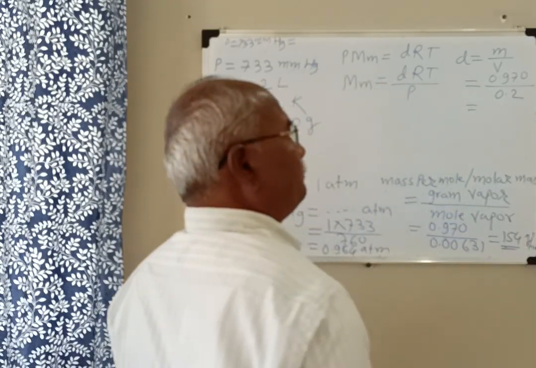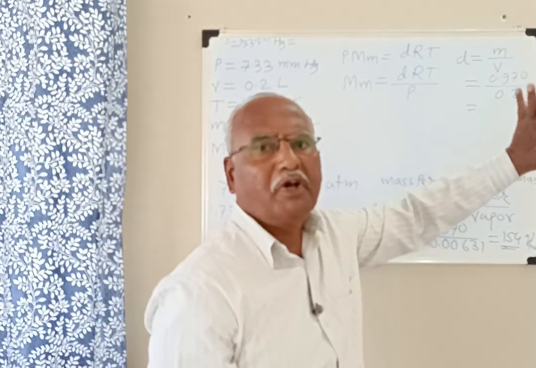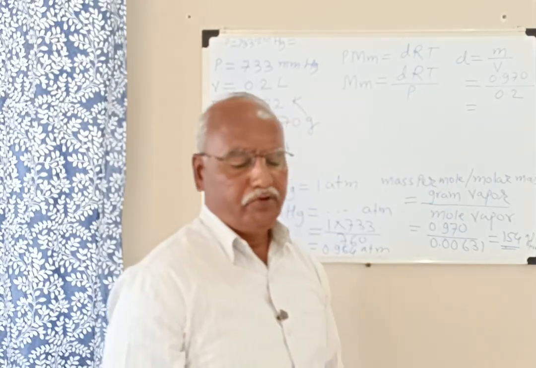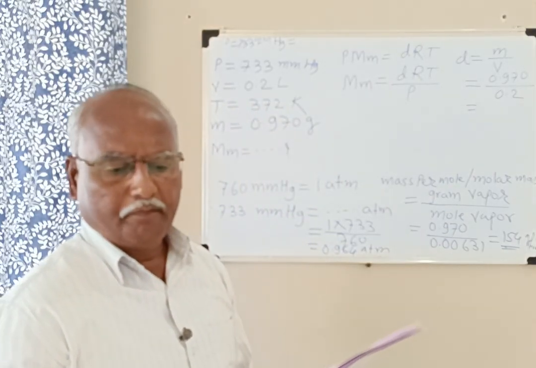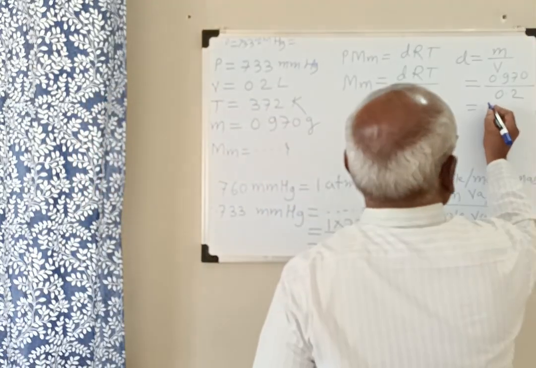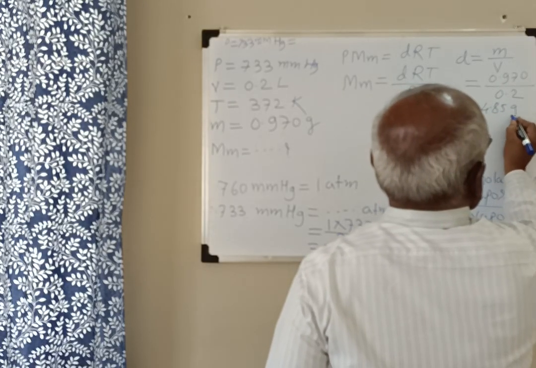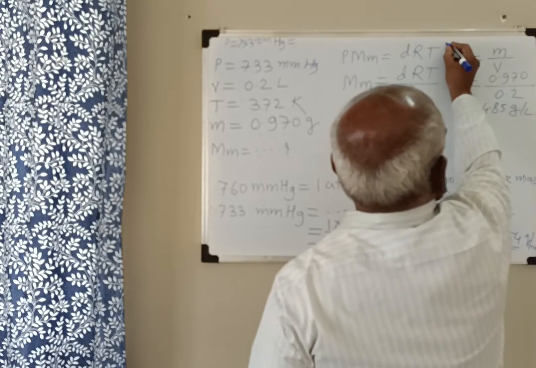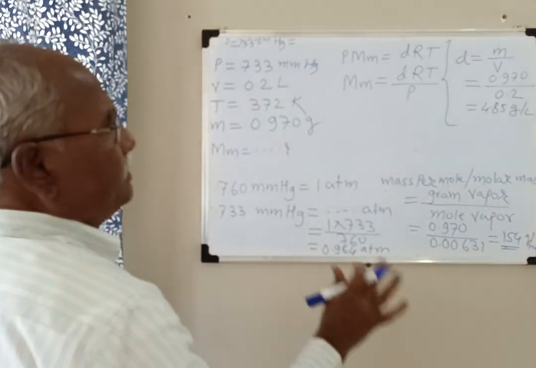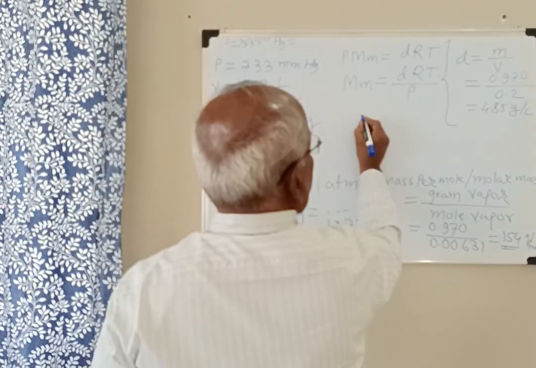It is simple division, you can calculate this orally, and it is found to be 4.85 gram per liter. This is the density. So I have calculated the density.